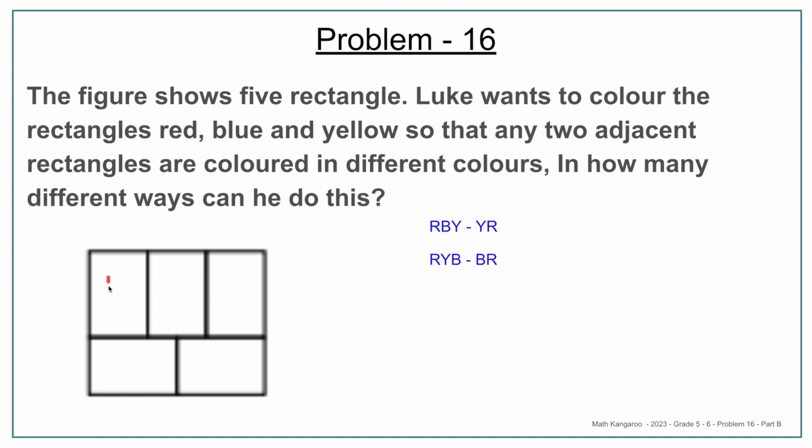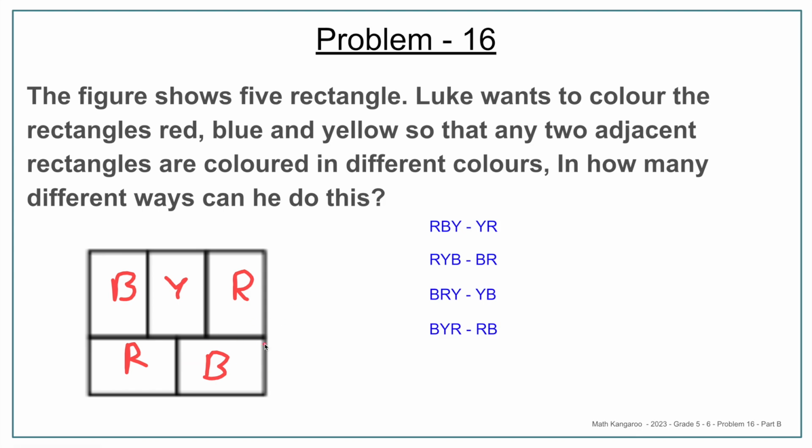Now we take blue in here and see what colors we can put in. So first we try red, yellow, the adjacent would be yellow here and blue. So this is the combination. Again we try blue in here and yellow this time and red. So here we will have red and blue. So we form this combination.